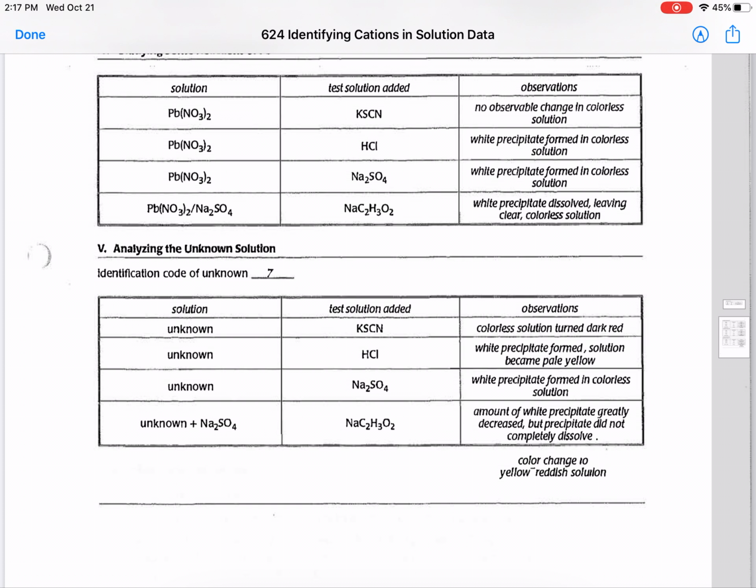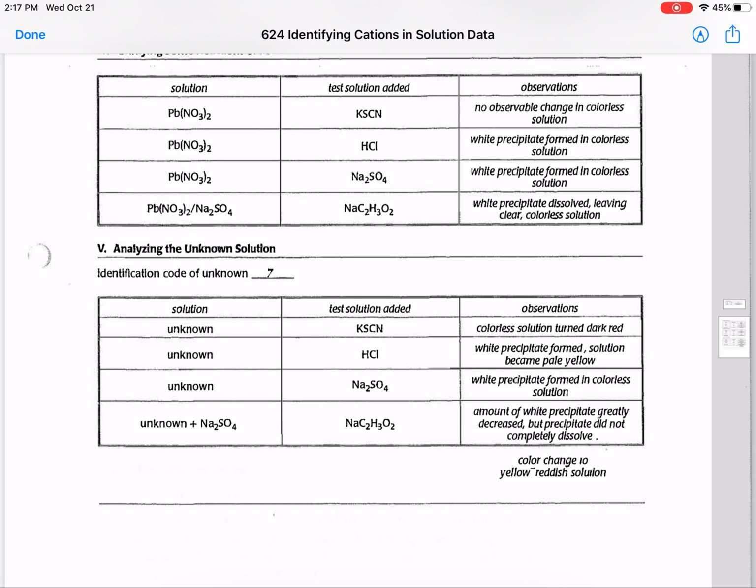So the barium sulfate gives you white precipitate. Yes, so you have iron, barium and lead.